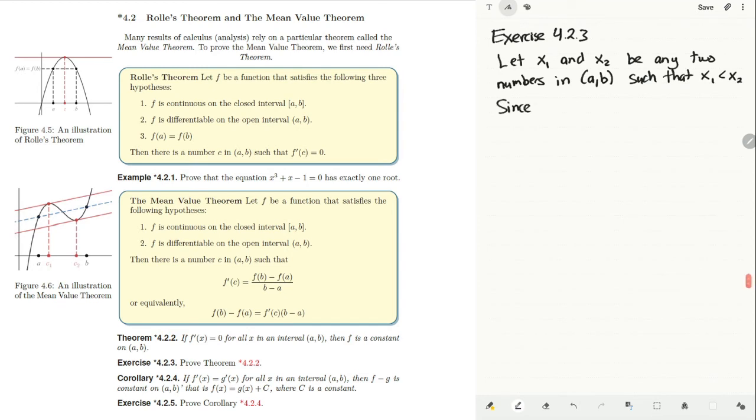Now since f is differentiable on the interval from a to b, then it must be differentiable on the interval from x1 to x2.